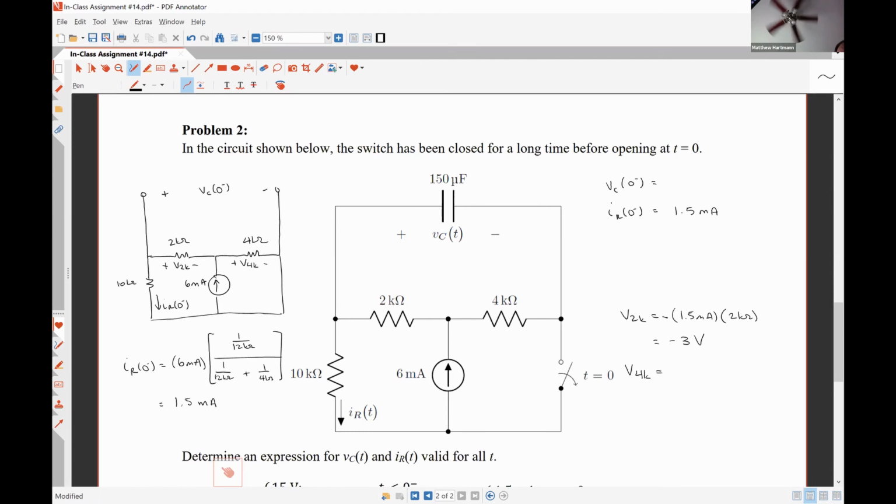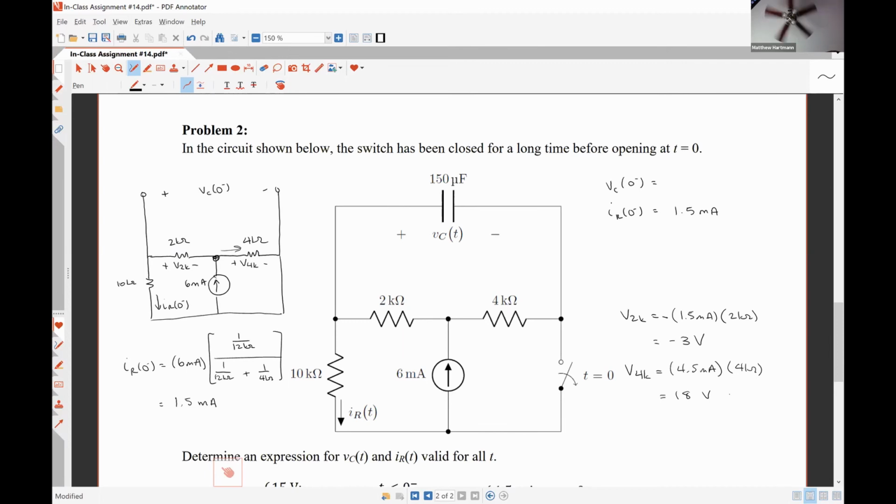Okay, so what you're suggesting is that we apply Kirchhoff's current law at this node, and you are absolutely correct that the current flowing to the right is going to be 6 minus 1.5, which is 4.5 milliamps, multiplied by 4 kilo ohms. It seems like that is 18 volts if my mental math is correct. 16 plus 2 is 18, yeah.